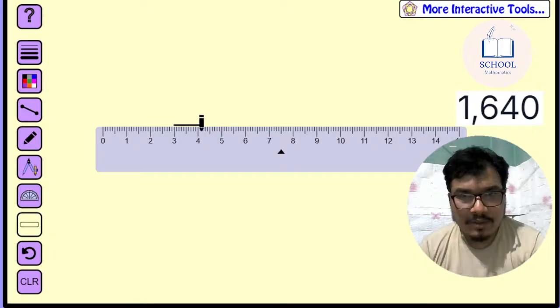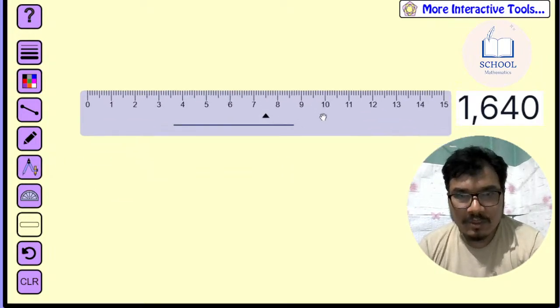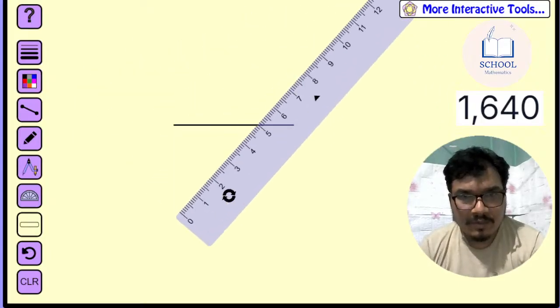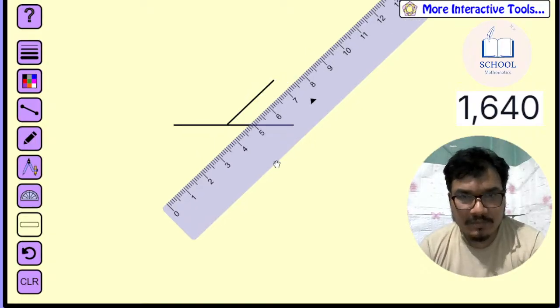Okay, and here I am going to say about adjacent angle. What type of angles, look here, are called adjacent angle? I am going to show here, okay?